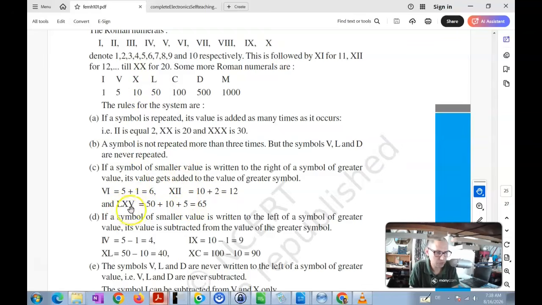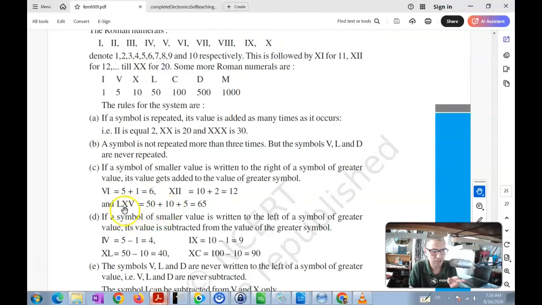And of course you have to make sure that you understand that, for example, when I want to write a 65, I have to start from the left hand side with the largest symbol that I have. So the largest symbol that I have is a 50.